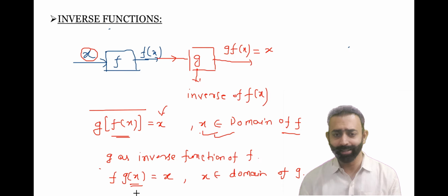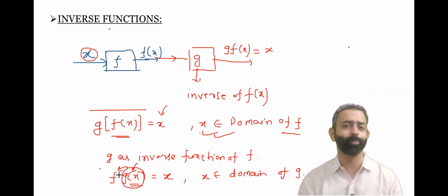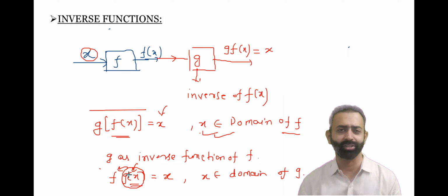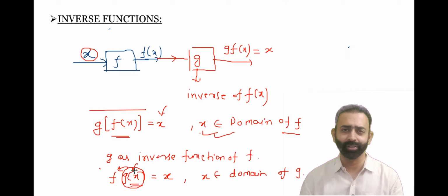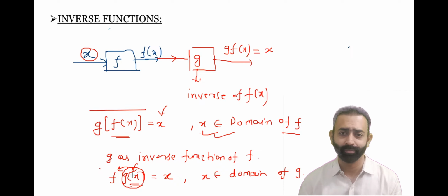As it clearly says that x first goes to g, and then g(x) is going as an input to f to give the output f(g(x)), which in some cases, if it is giving you x, then we can say that f is the inverse of g.